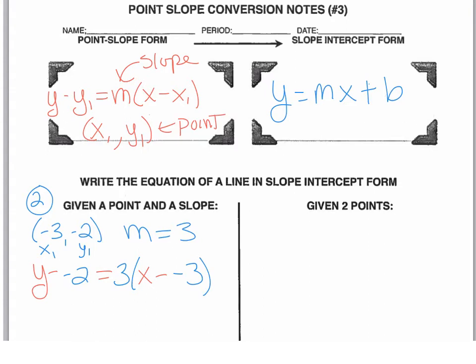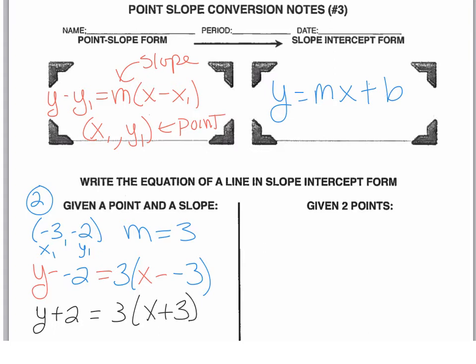Okay, so let's think back to Algebra 1. When you have a double negative, like you do right here, and right here as well, 2 negatives, remember, make a positive. So we can simplify our equation to y plus 2 is equal to 3 times x plus 3.